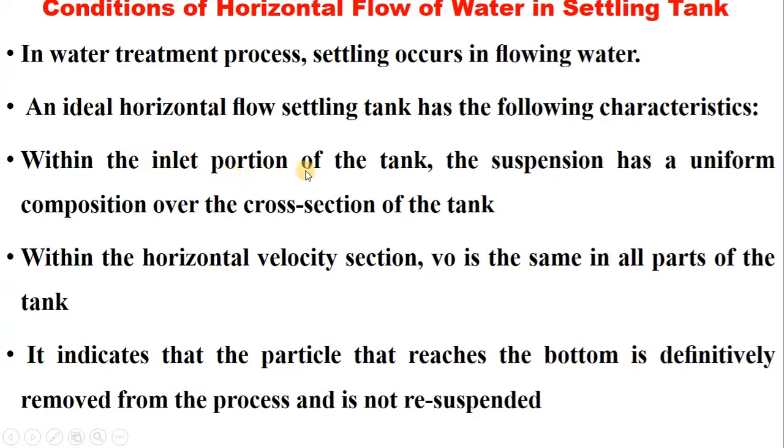Within the inlet portion of the tank, the suspension has a uniform composition over the cross-section area of the tank. Within the tank, the horizontal velocity, V0, is the same in all parts of the tank. It indicates that the particle that reaches the bottom is definitely removed from the process and is not resuspended.